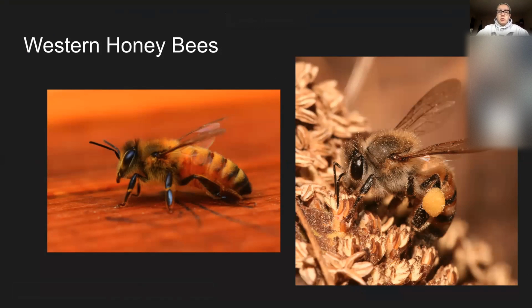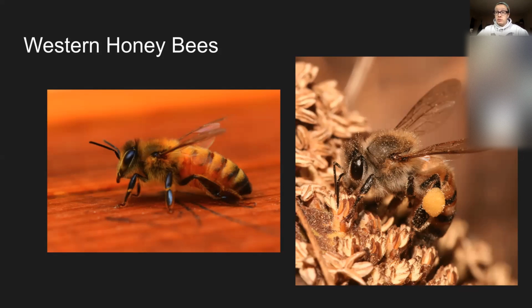So they are eusocial, as I mentioned, and they're part of the genus called Apis. And they're all native to Europe and Asia, or Eurasia, but they've been spread to the 4 other continents by human intervention.